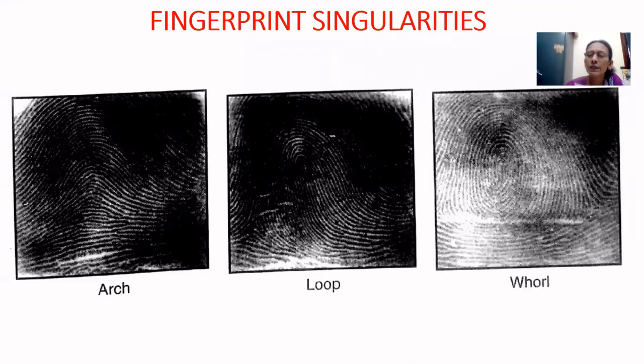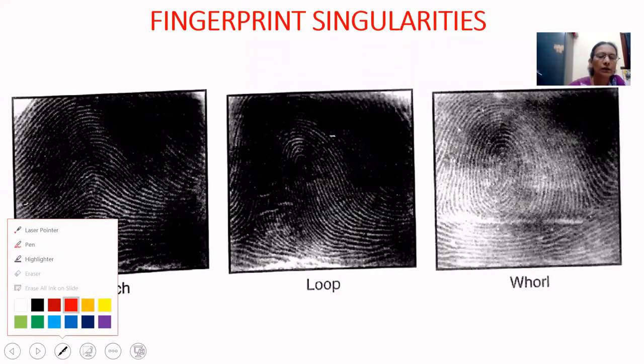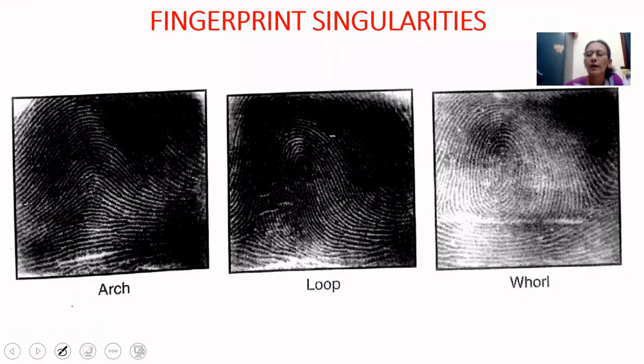Here the ridge starts at one end of the finger, forms a loop, a curve, and ends at the same end. In an arch, it starts at one end, forms an arc, and finishes at the other end. If it finishes at the same end, it is called a loop.